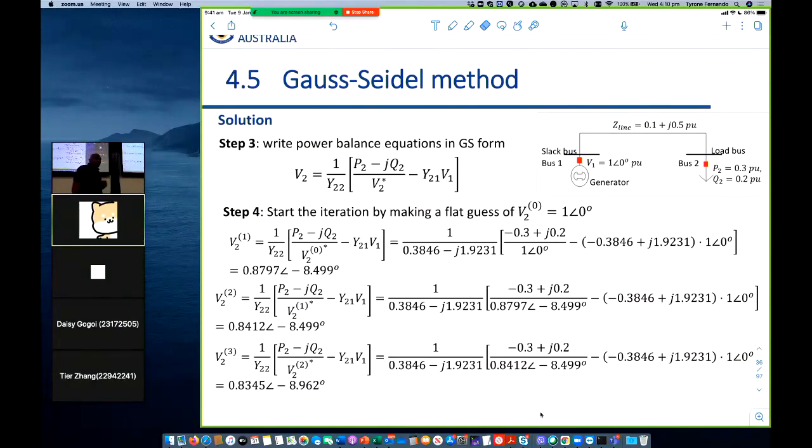So now to use Gauss-Seidel, I said that we're not going to solve for voltage magnitude and angle for the slack bus. So there is only one other bus that is left for us to figure things out, only bus 2. So we write that Gauss-Seidel equation, the equation that we derived out of power balance equations for bus 2.